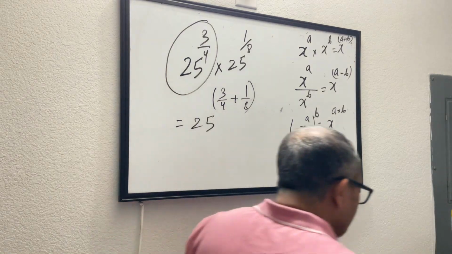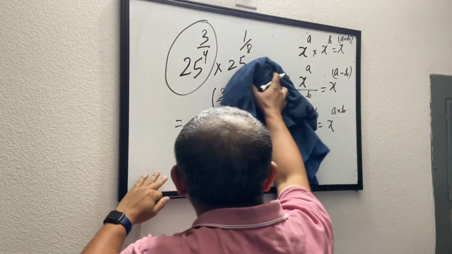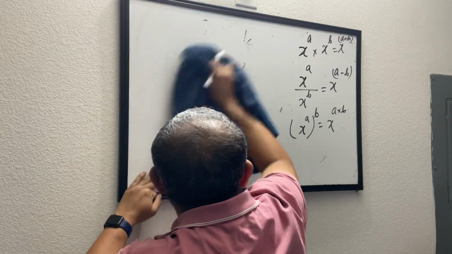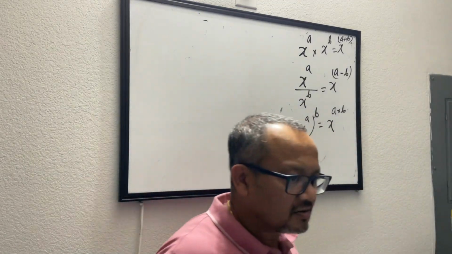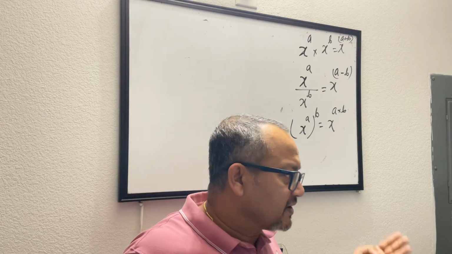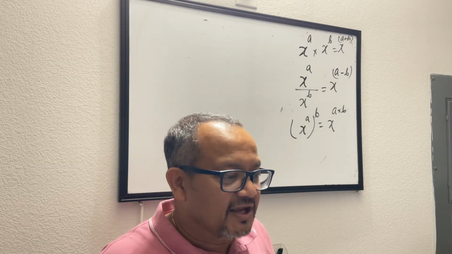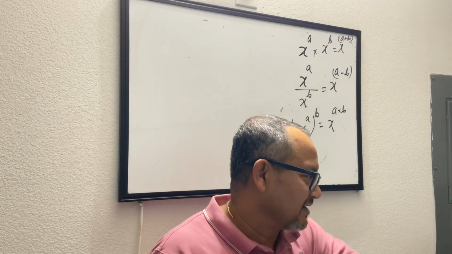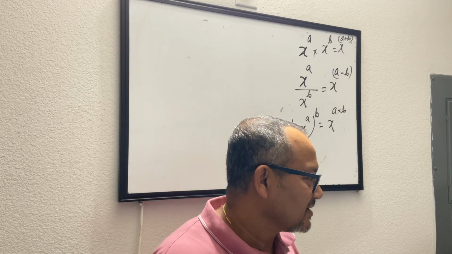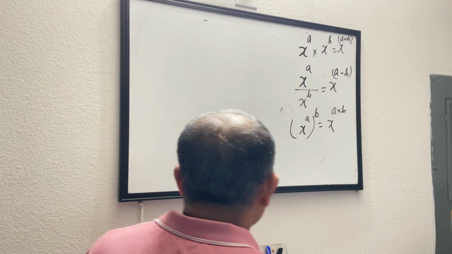Now, I'm talking about the next problem. What do we mean by negative exponent? Negative exponent, as I keep saying, English is the mother of maths. Isn't it like 1 over something for negative exponent?